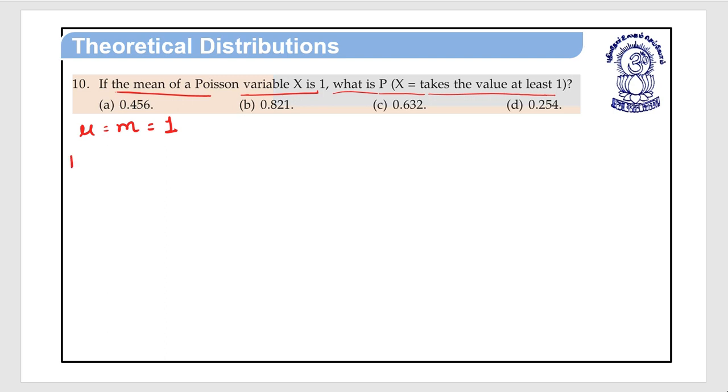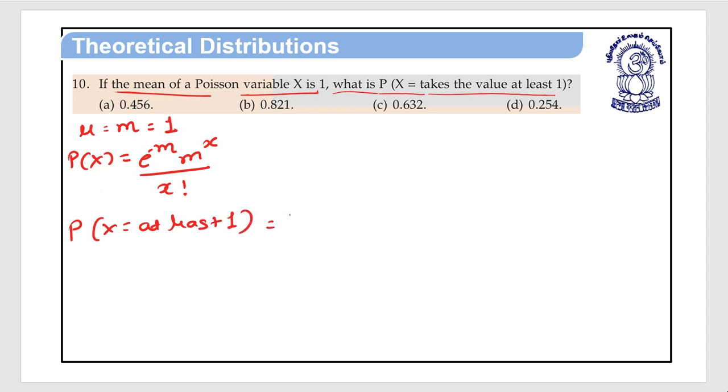For Poisson, P of X is e raised to minus m, m raised to x, upon x factorial. Here we require the probability of X at least 1, which means probability of X greater than or equal to 1. So you can write 1 minus probability of X equal to 0.